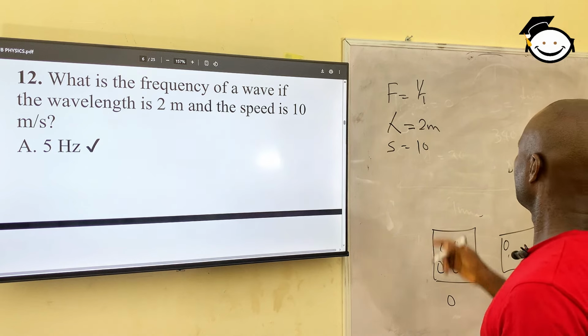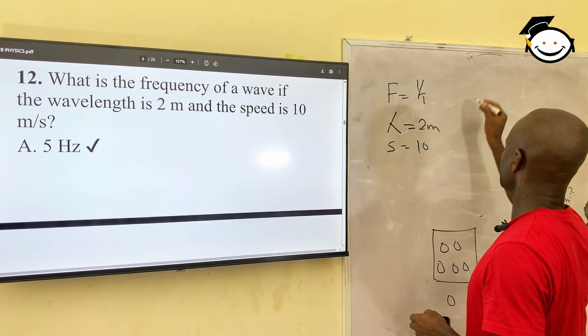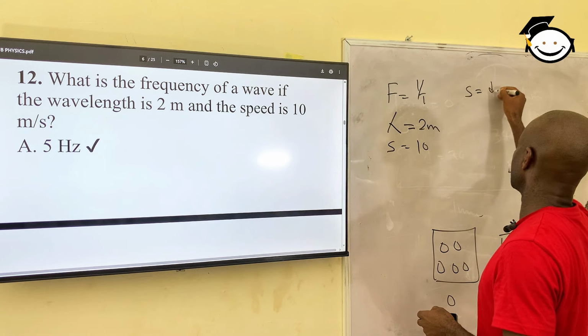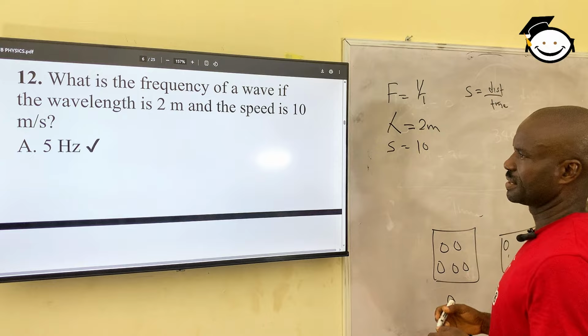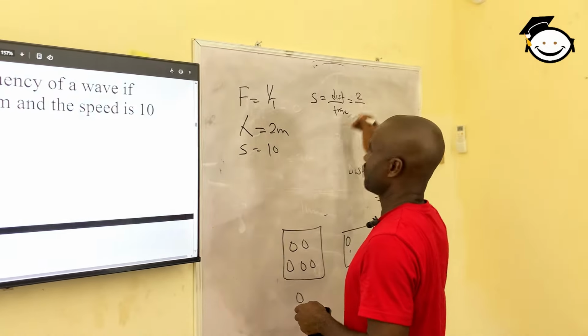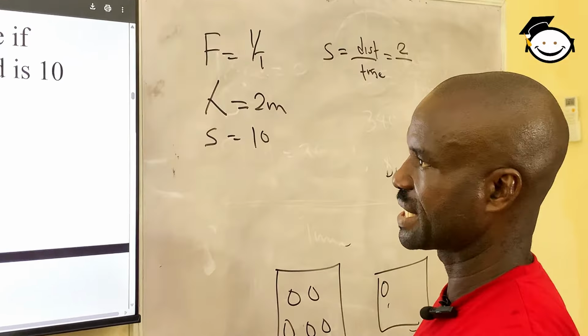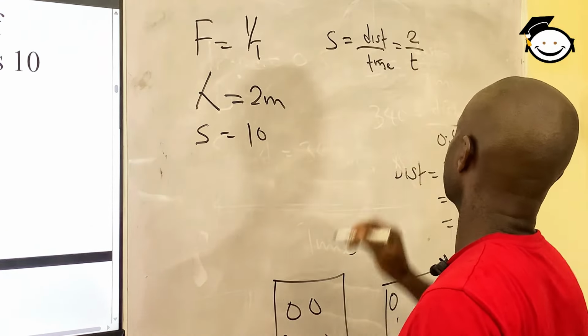Before this, you need to calculate the time, t, and then speed is distance over time, right? Then this is 2 over time, t.